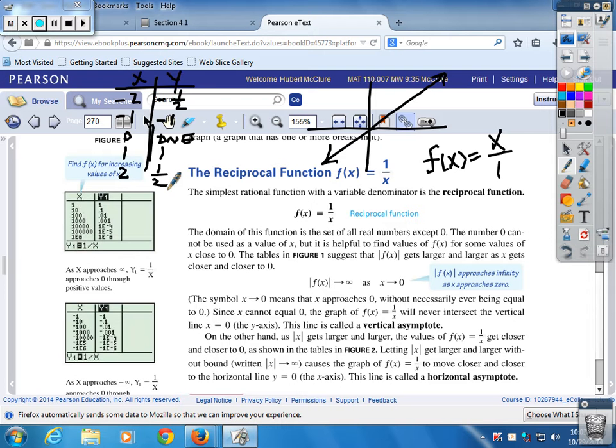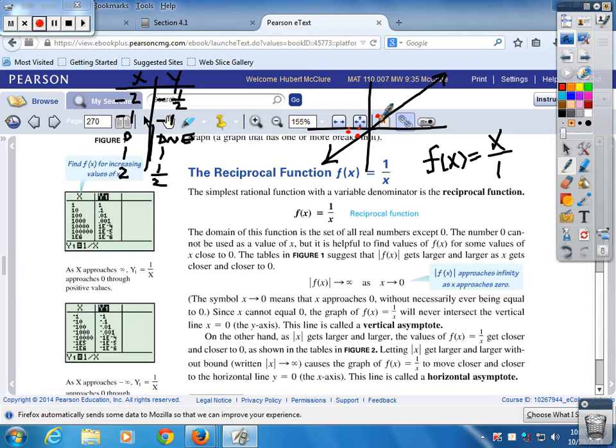-2, -1/2. So we'll do this in red. -2, -1/2. -1, -1. 0 does not exist. 1 and 1.